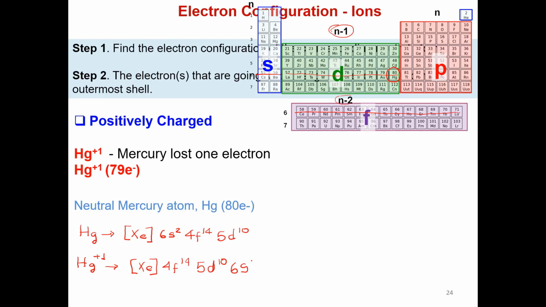This will be the electronic configuration in case of the mercury plus 1. And in this case, for mercury neutral, we had 80 electrons. For mercury plus 1, we will have 79.